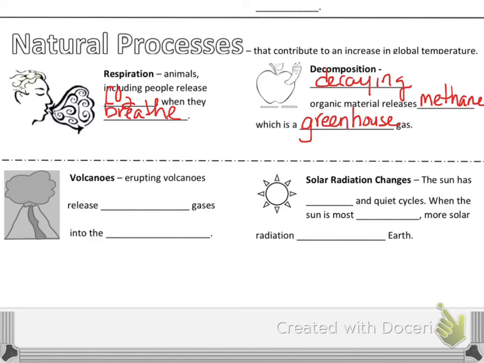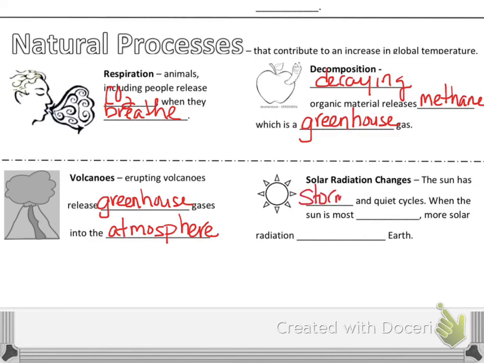Here's one you don't think about very often: when volcanoes erupt, not only is there destruction from the lava and the ash and the debris that comes out of a volcano, but the erupting volcanoes release greenhouse gases into the atmosphere. And then solar radiation changes.